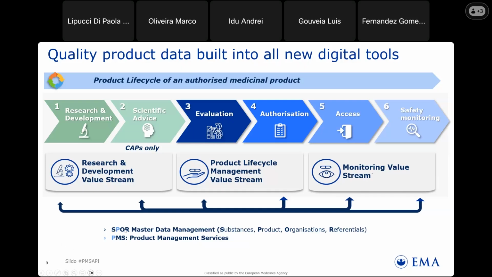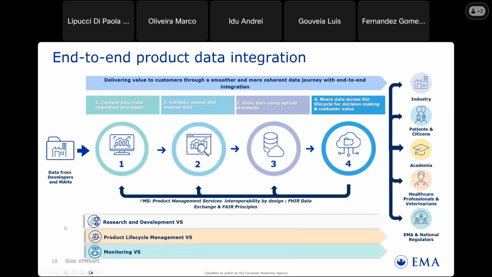But in future, we will expand also the scope. So PMS at the moment is included in the PLM management value stream, but is of course interconnected across the whole product life cycle and will be more and more in the future interconnected. Just a bit of a recap.